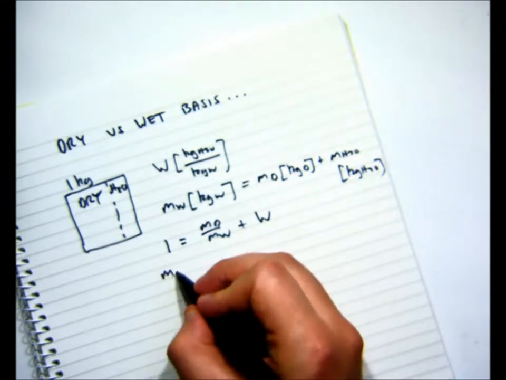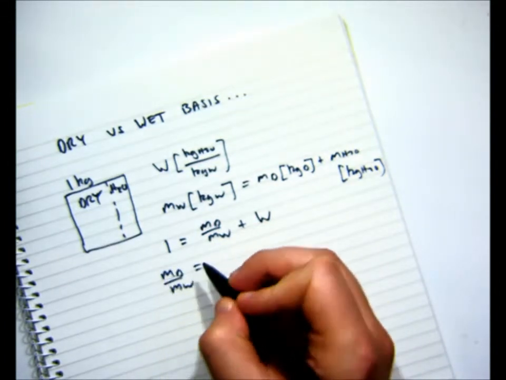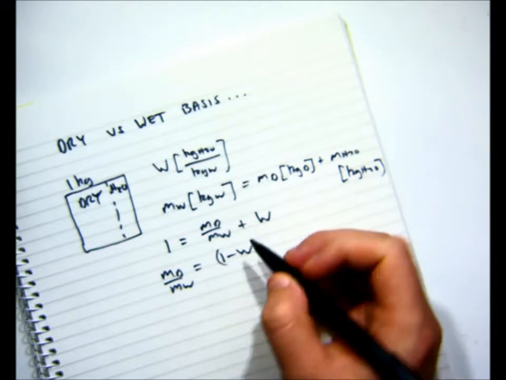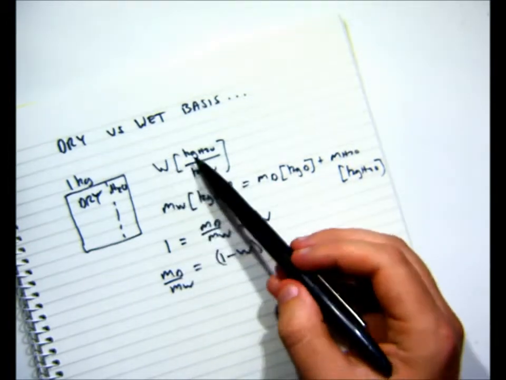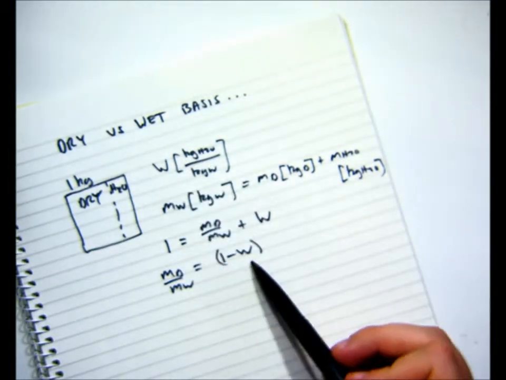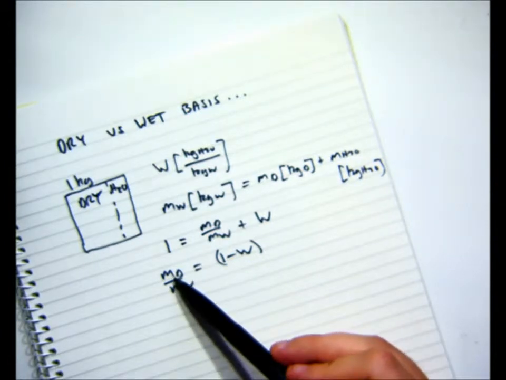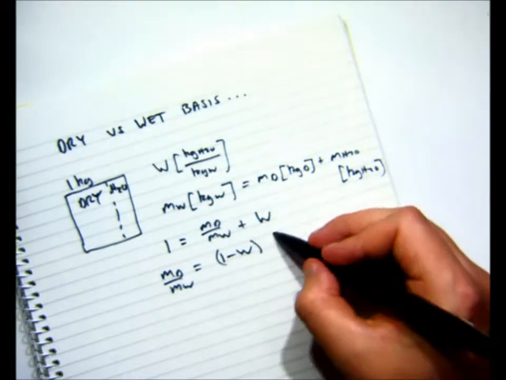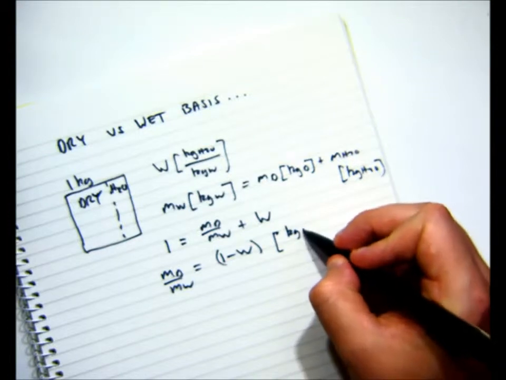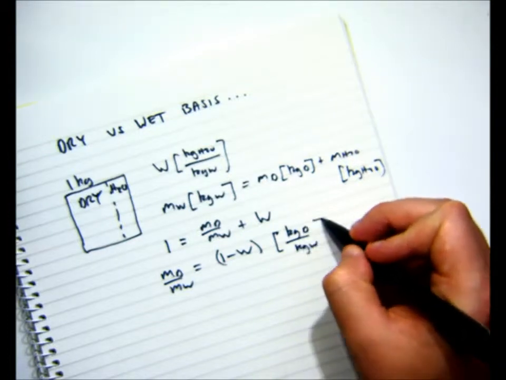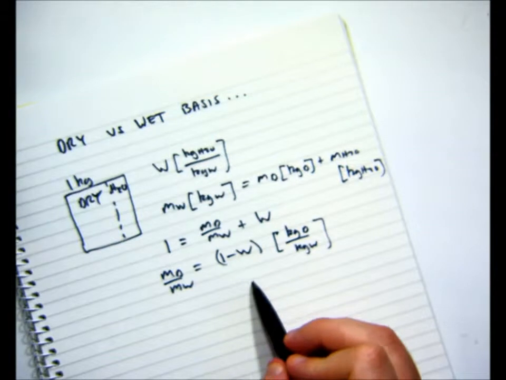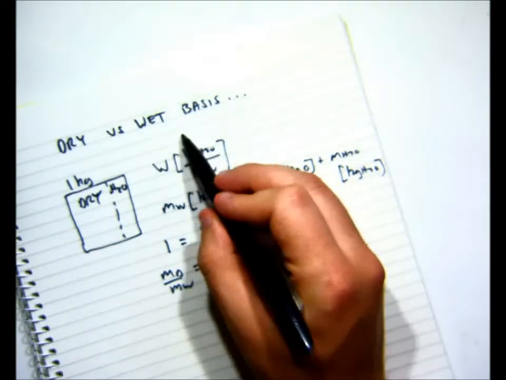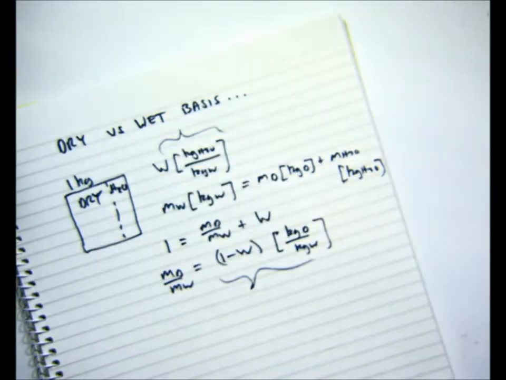Or the other way of saying this is MD over MW is 1 minus W. So if W is the moisture content, then 1 minus W is the dry wood content, with units of kilogram dry wood per kilogram wet wood. So both this and this are useful, and they'll come up in this question.